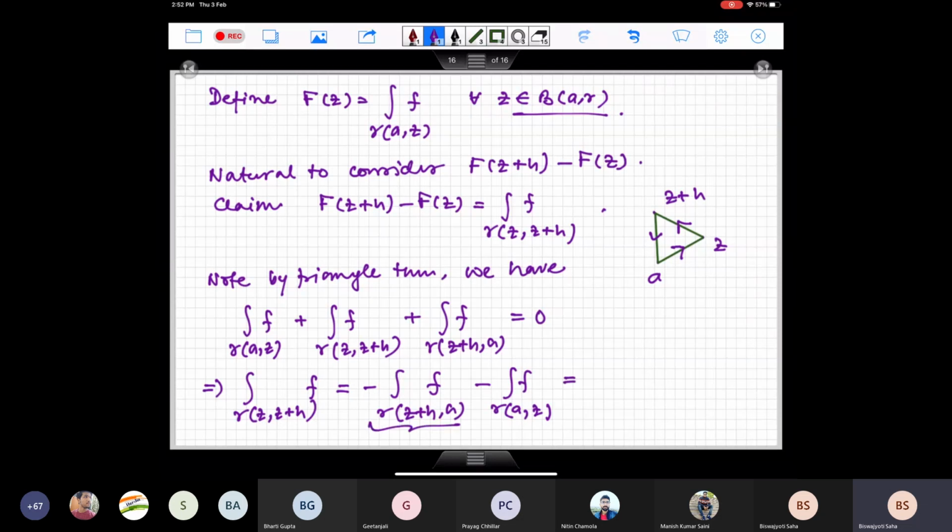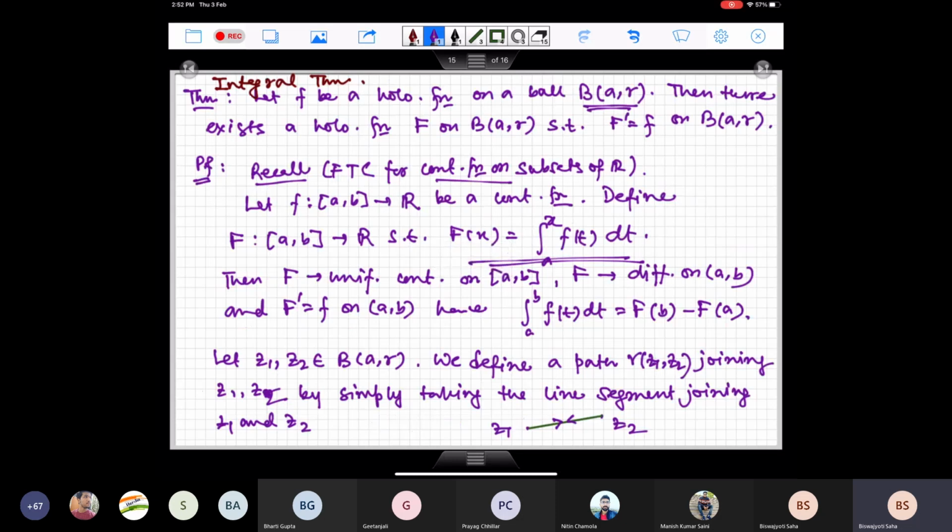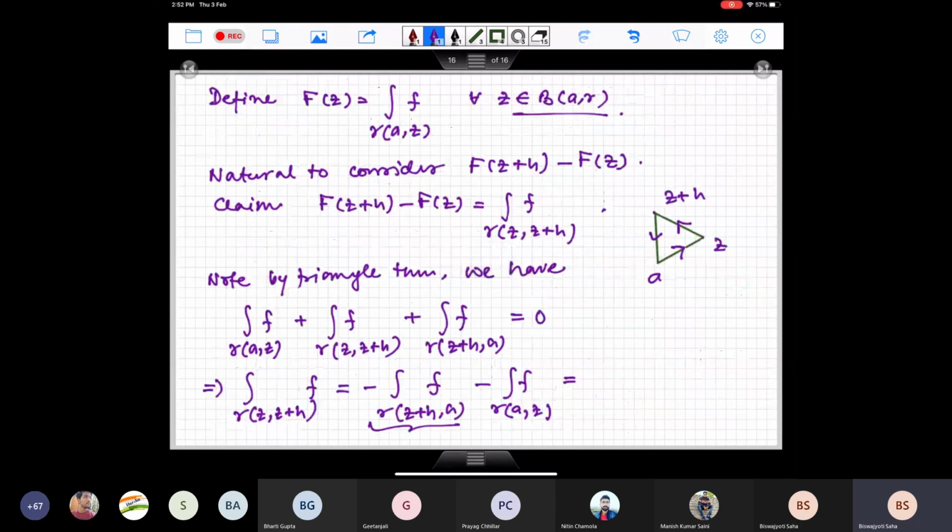Here you see the first term I will be able to write as follows. Gamma z1 to z2 is the path starting from z1 ending at z2, so gamma z2 to z1 is exactly the reverse path, this time starting at z2 and coming to z1. So here I can write the integral of f over gamma a to z plus h, minus the integral of f over gamma a to z.